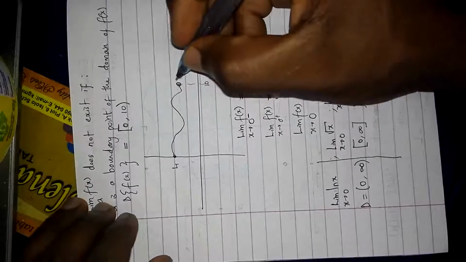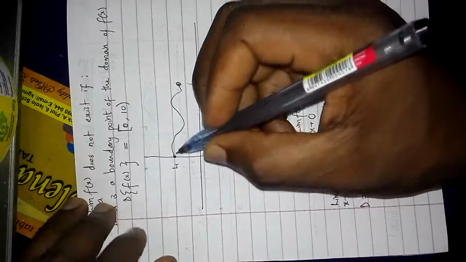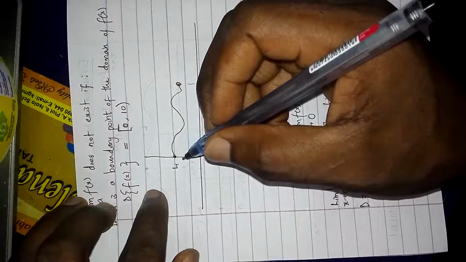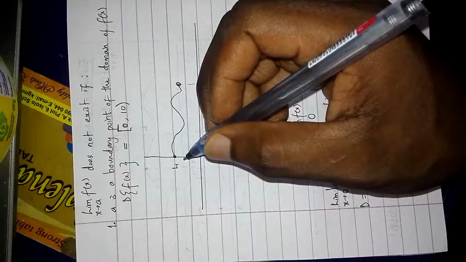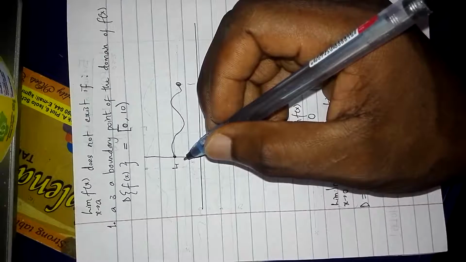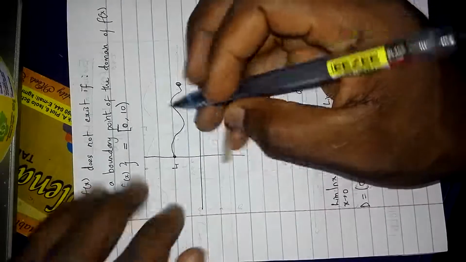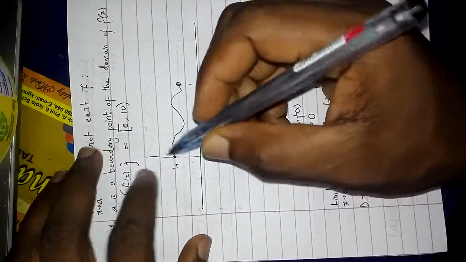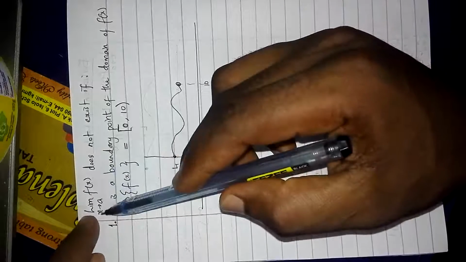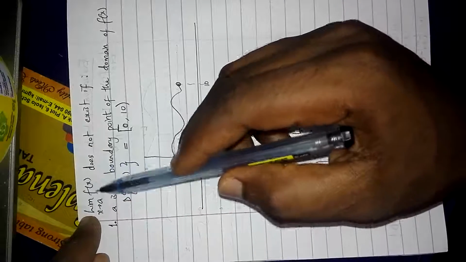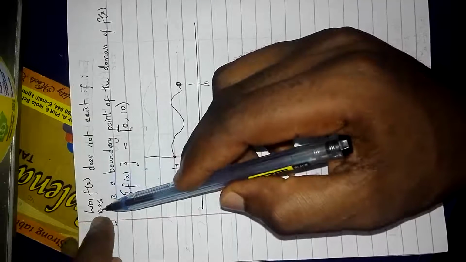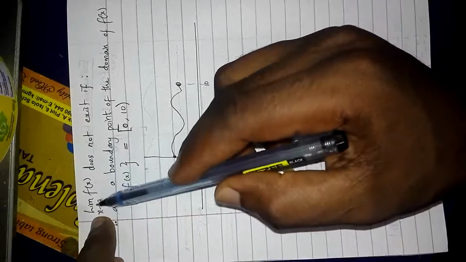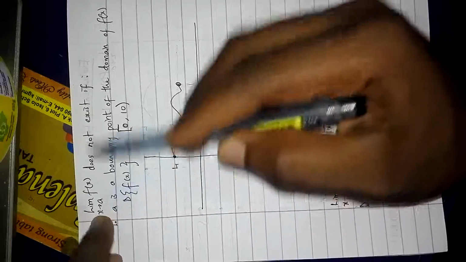Now as you can see here, we have said the limit is the height which a function intends to reach around a particular point. For instance, the limit of f of x as x approaches a is the height which the graph of f of x intends to reach around x equal to a. So that is what we're saying.